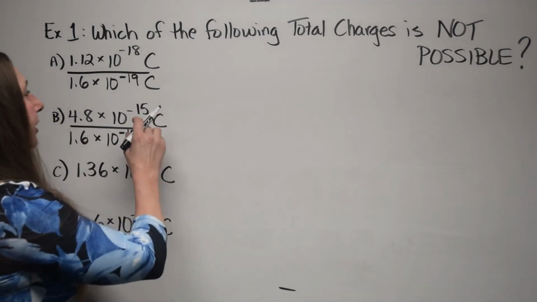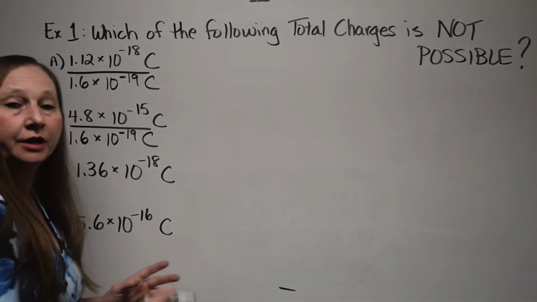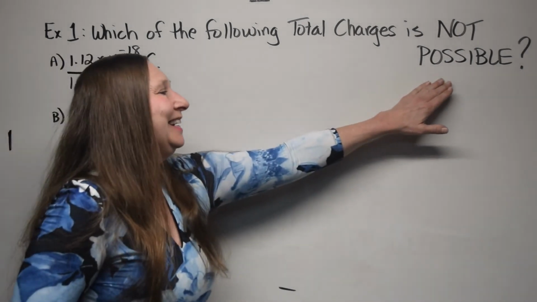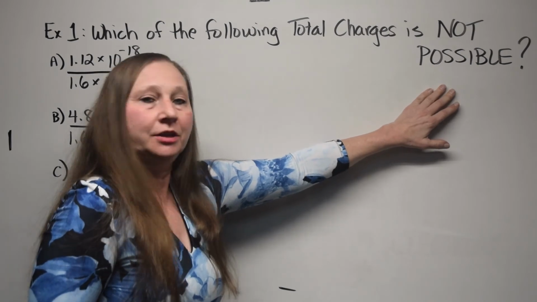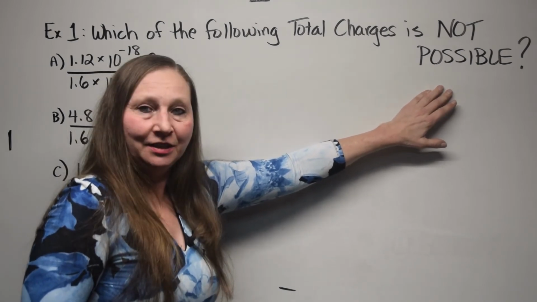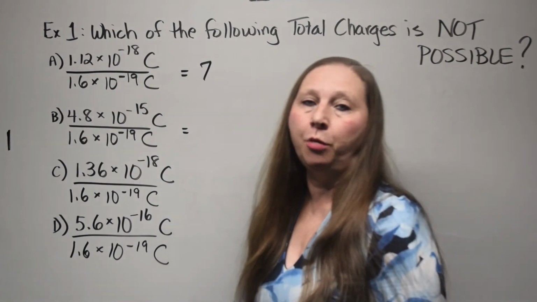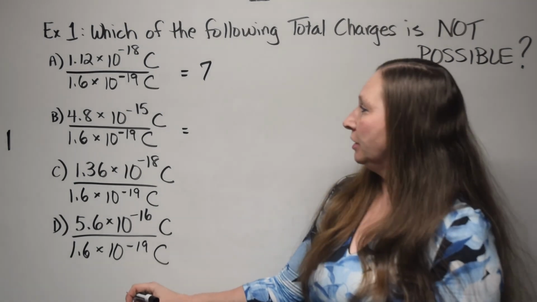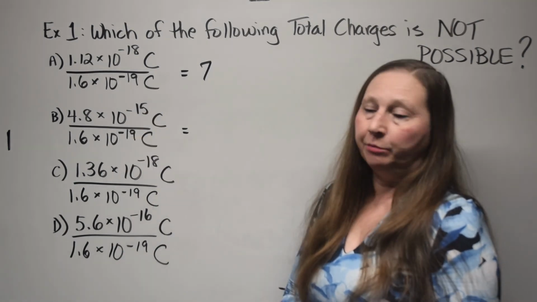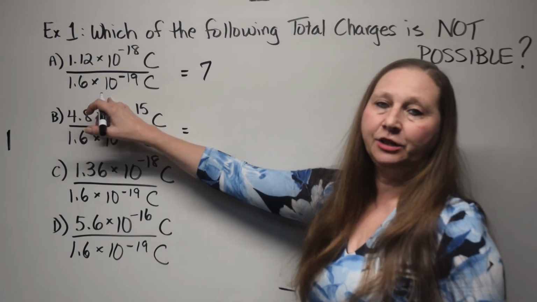Okay, and divide each of these, get an answer here, an answer here, an answer here, and an answer here. The one that is not a whole number is the answer to the question, the answer that is not possible. All right, so while you had the video paused, you should have taken each of these possible answers and divided them by one elementary charge, by 1.6 times 10 to the negative 19 coulombs.